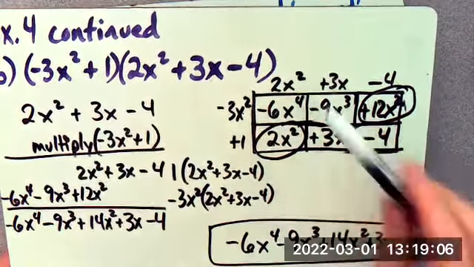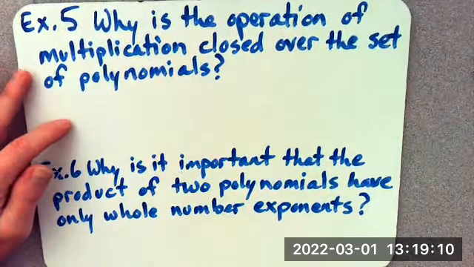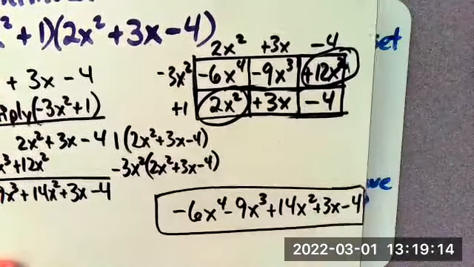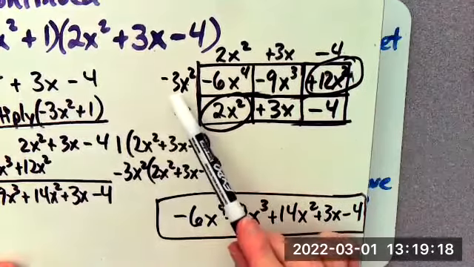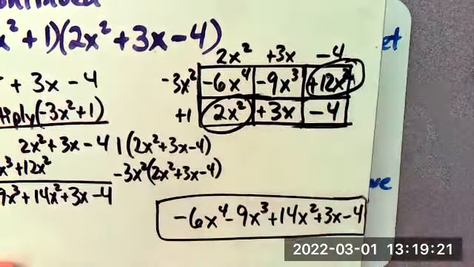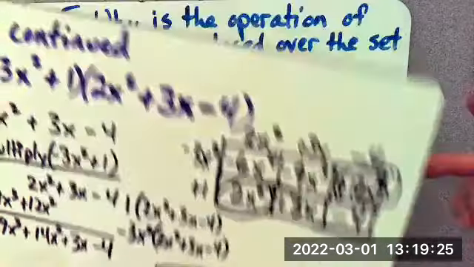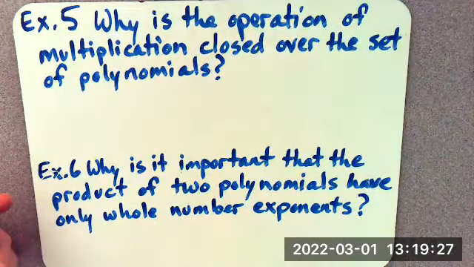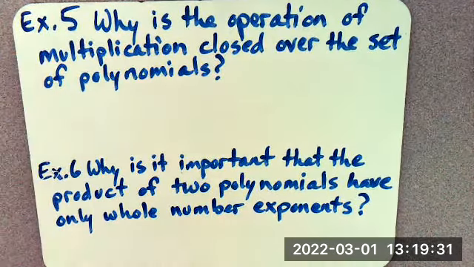That would mean that polynomial multiplication would be closed in multiplication, because when you multiply, you're just adding exponents. If the exponents are already whole numbers, then you can't get anything else but whole numbers. So it would have to be closed.